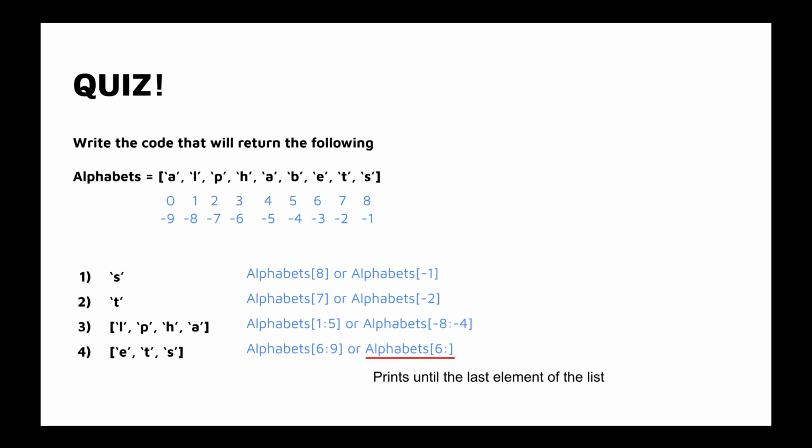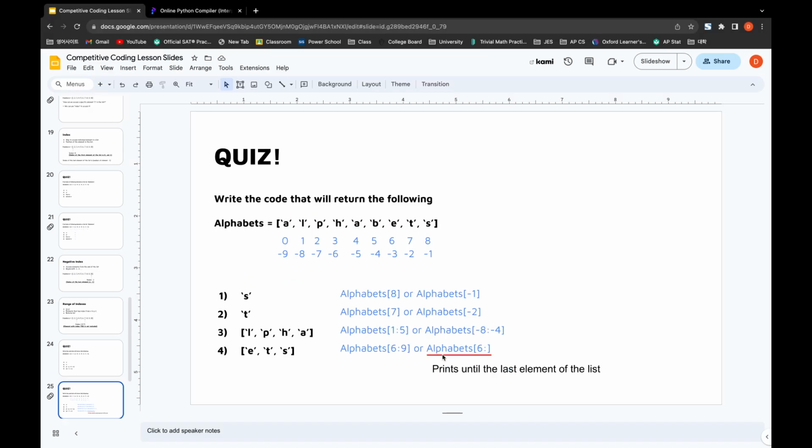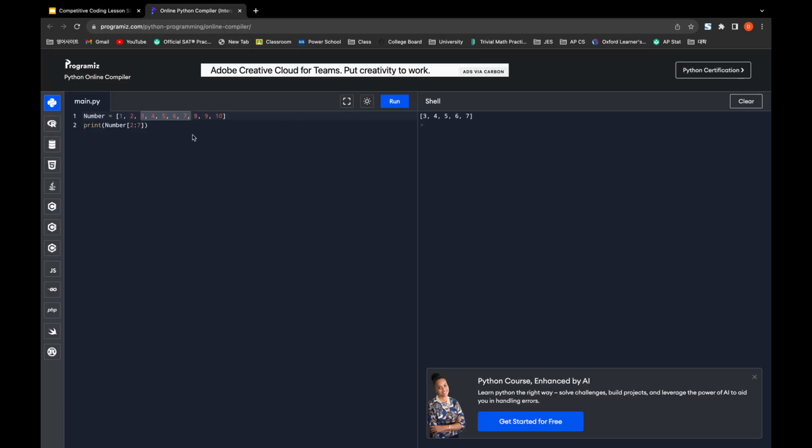If we don't declare an ending point for the range method, it's going to automatically assume that we'll just return the elements until the very last. So let's try another example.